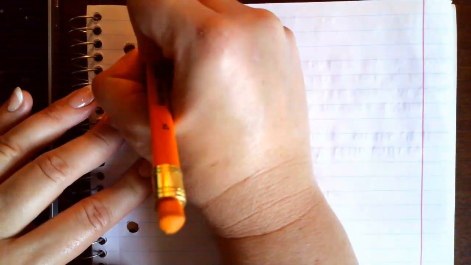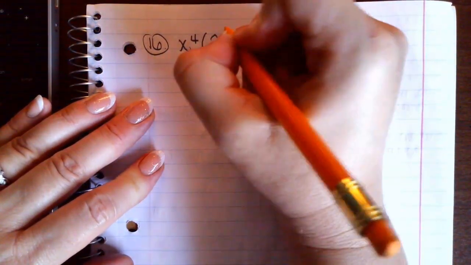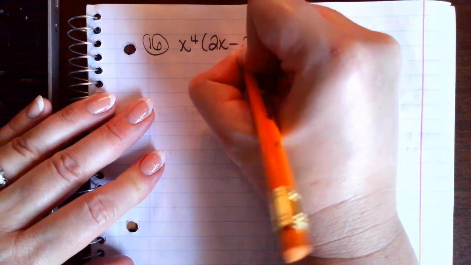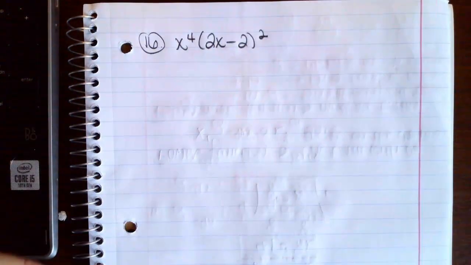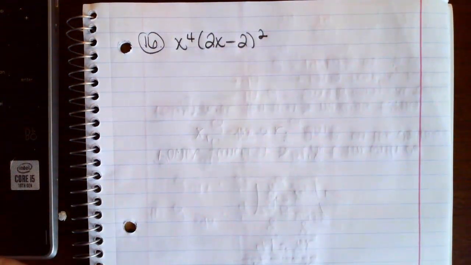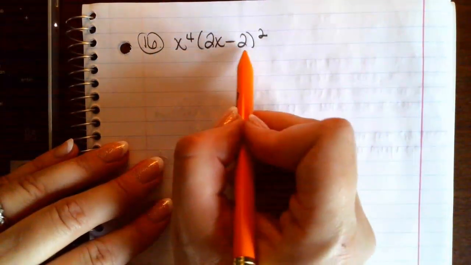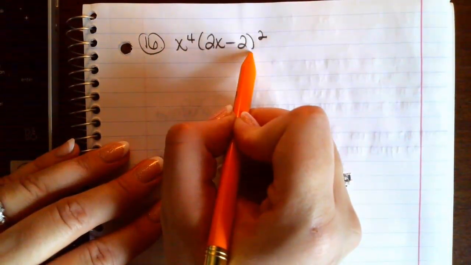All right, so number, what are we on? 16. We have x to the 4th times (2x minus 2) squared. So I want to know what the degree is, and I want to know what the leading coefficient is. So this is set up as a multiplication problem, so I need to count how many x's are being multiplied together.